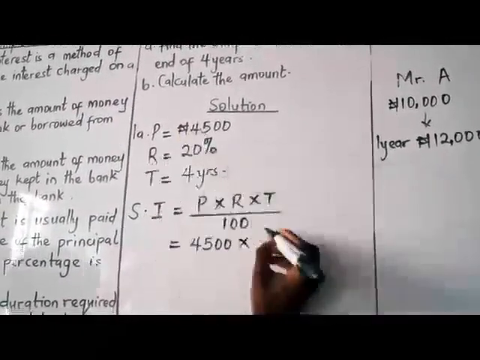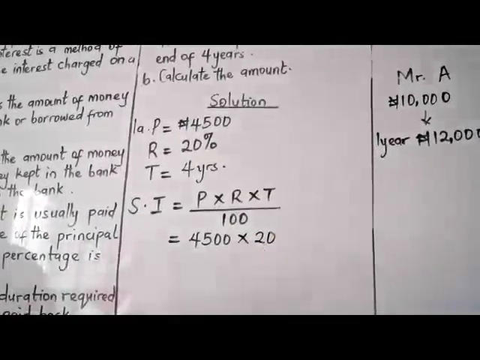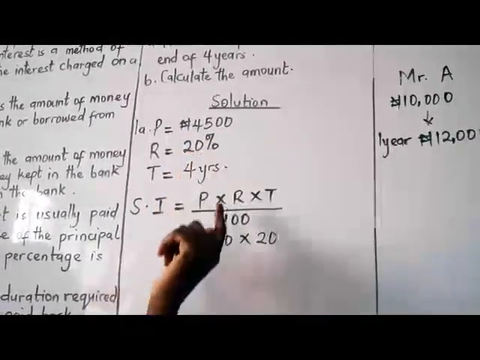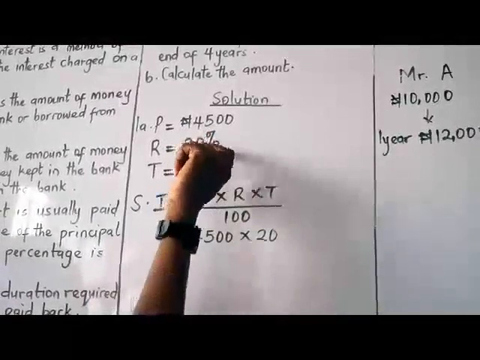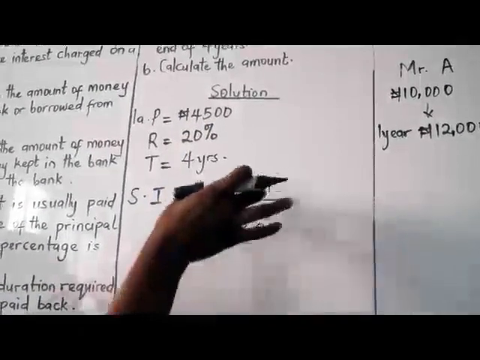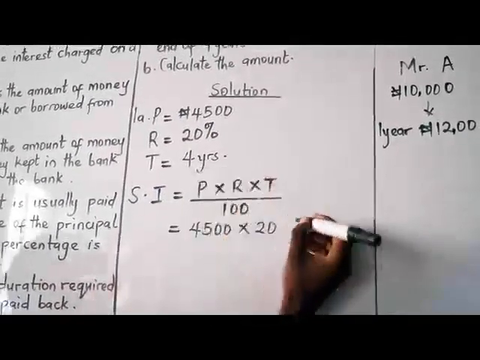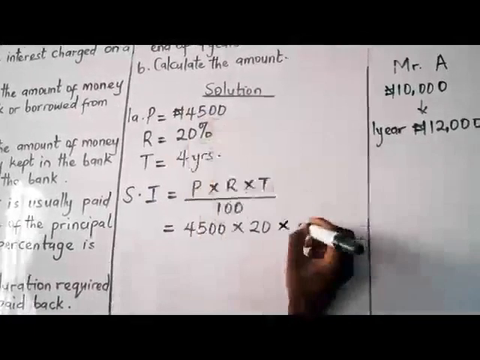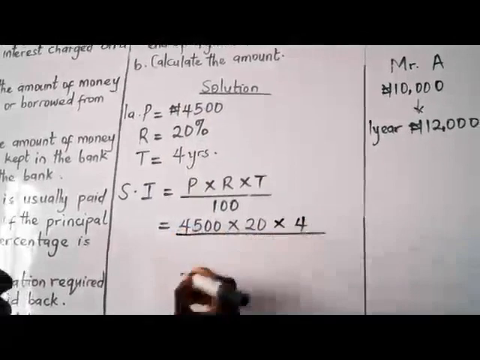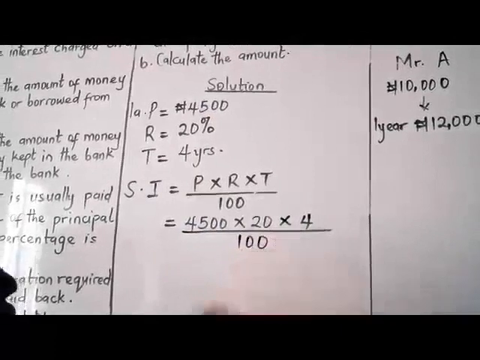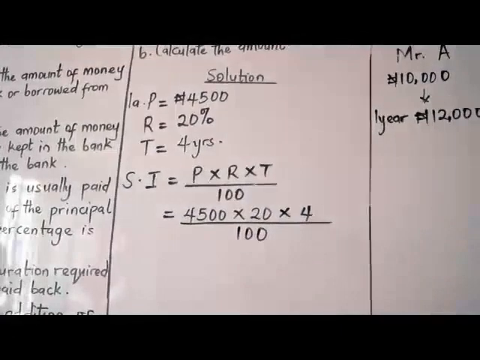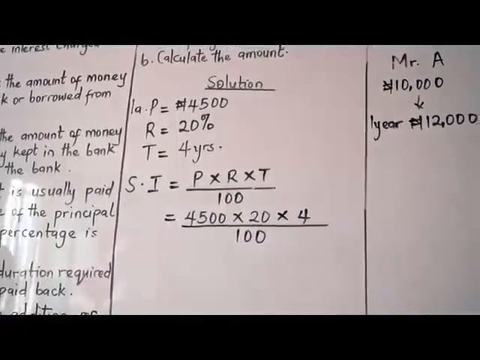What is our rate? 20. Don't forget, you are not to add this percentage sign again. The percentage you add here has been represented in your formula. And what is our time? 4 divided by 100.